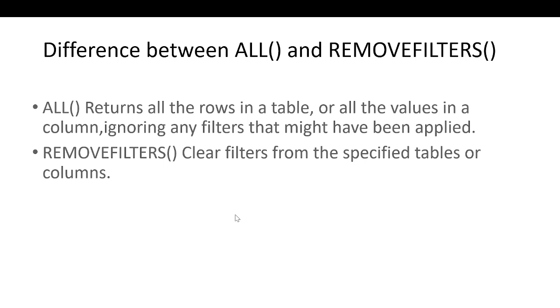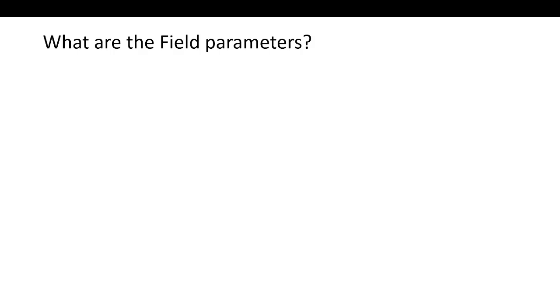But REMOVEFILTERS will remove all the filters, but it cannot return all the rows in a table. It cannot return all the values in a column. Basically, it will return a single value type of thing. If you do one example, then you will be able to see that REMOVEFILTERS won't be able to return any table format or column format.